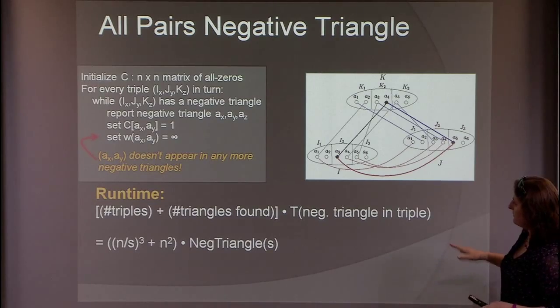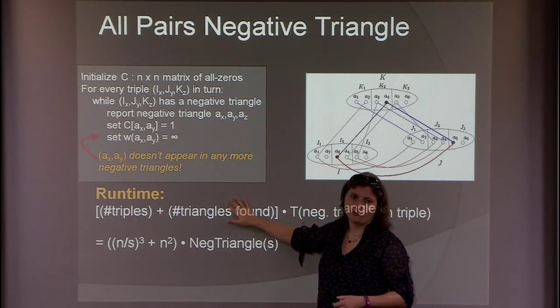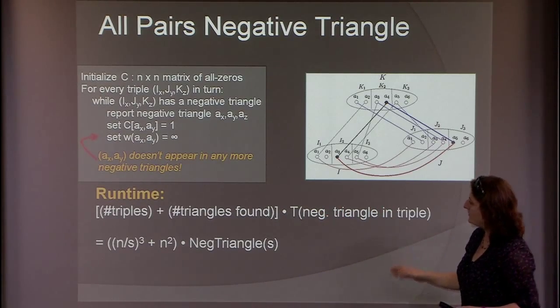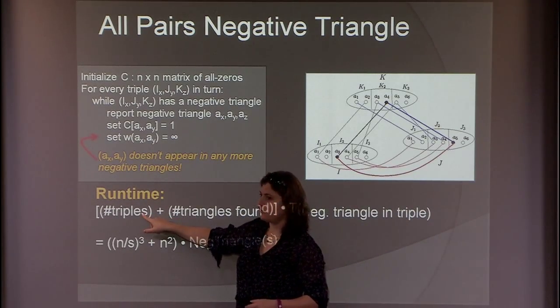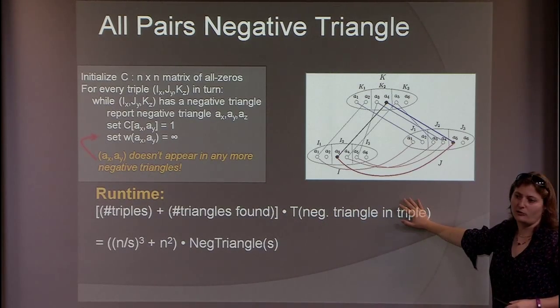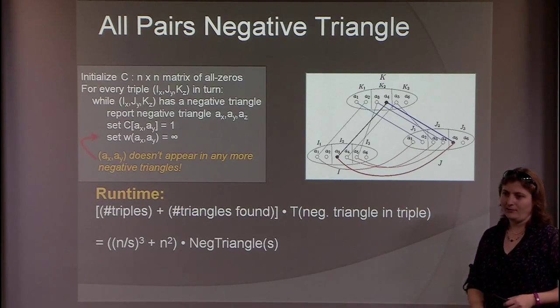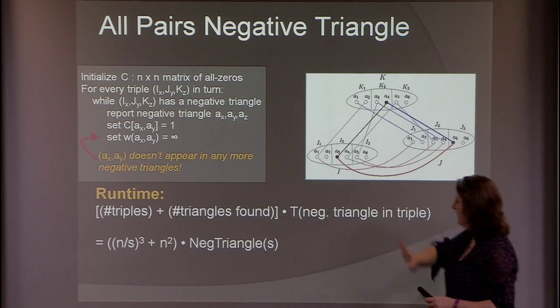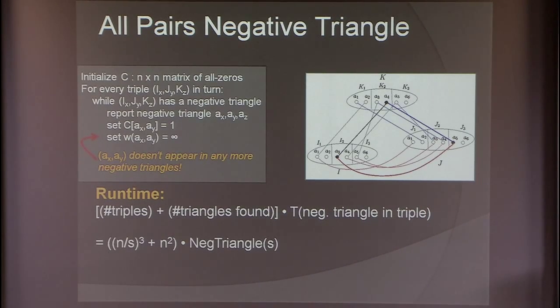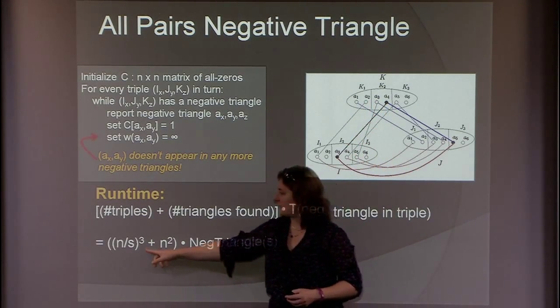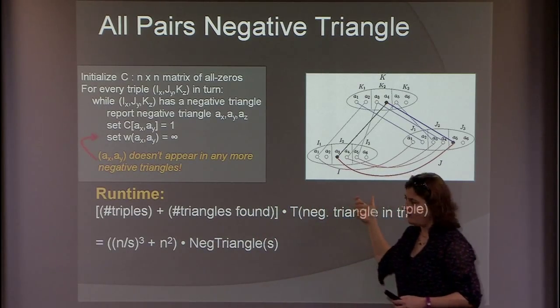So the runtime is the number of triangles found times the time to find a negative triangle, plus the number of triples times the time to assert that the triple no longer has a negative triangle. Now, the number of triples we carefully picked to be (n over s) cubed, where s was the size of each piece.